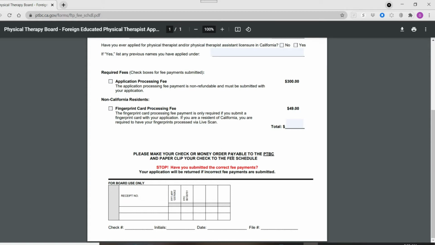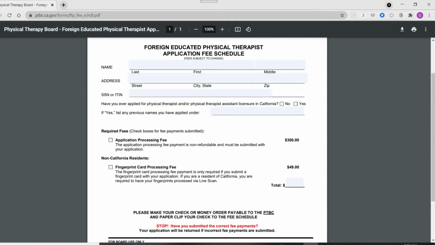Make sure your check or money order is payable to PTBC and paperclip your check to the fee schedule. Okay, stop. Have you submitted the correct fee payments? Your application will be returned if incorrect fee payment is submitted. Okay, so you just have to fill out the top portion, not the bottom part.